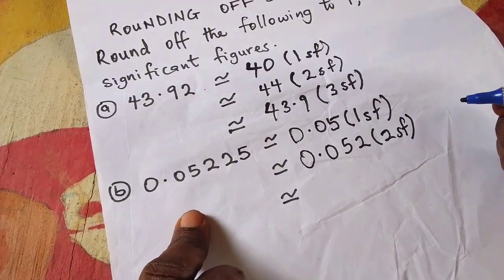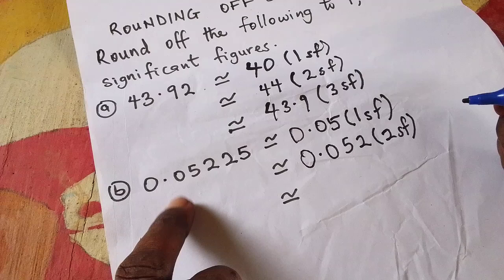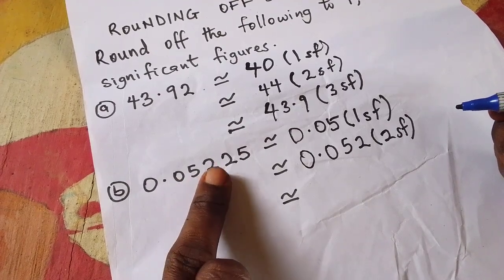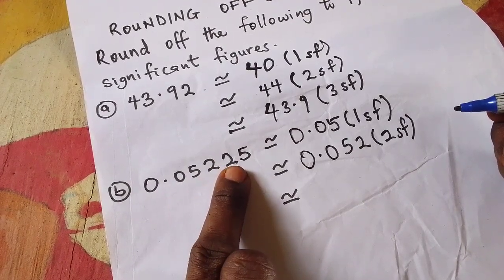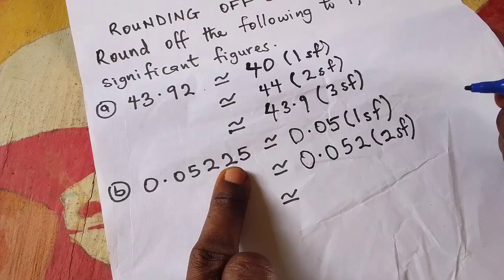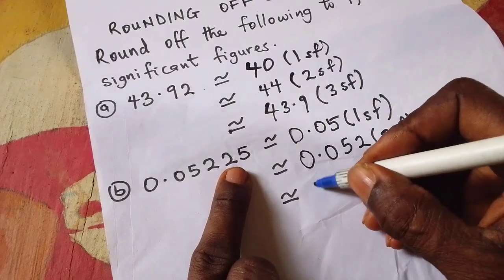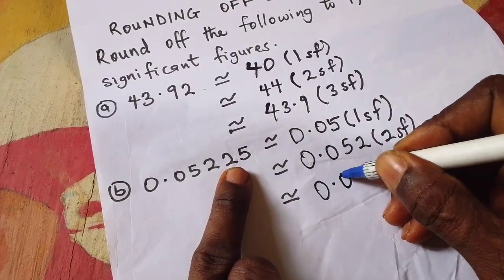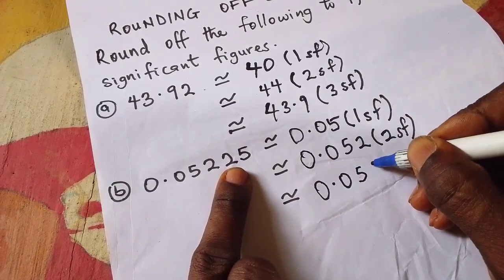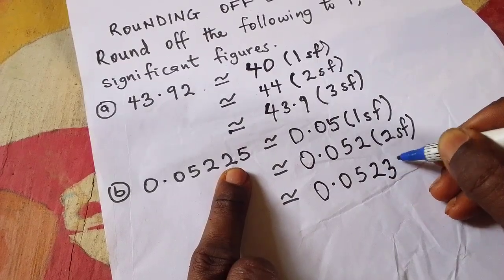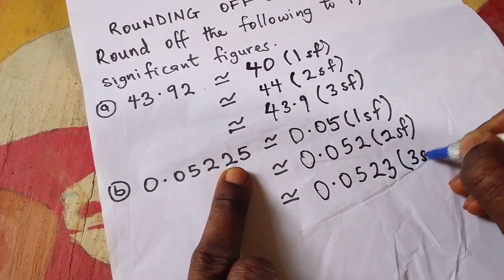Then if you are to write this to 3 significant figures, you count 1, 2, 3. The next number is 5. Before you cut it off, you add 1 to that 2 to make it 3. So you now have 0.0523. This is to 3 significant figures.